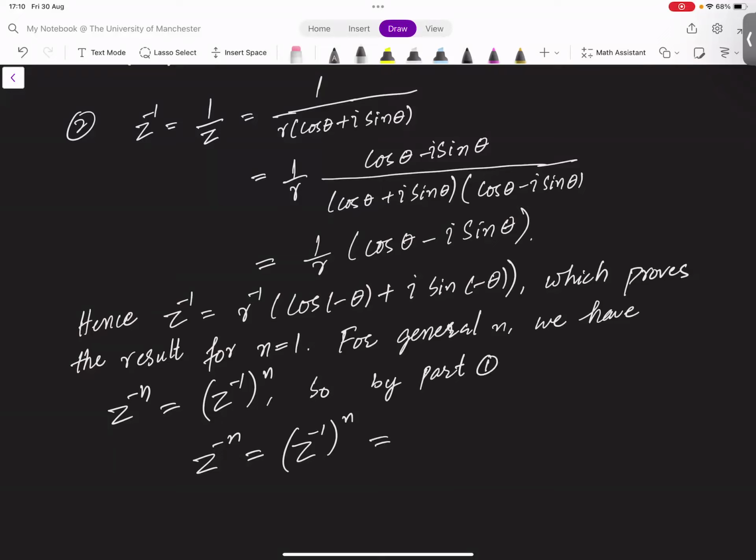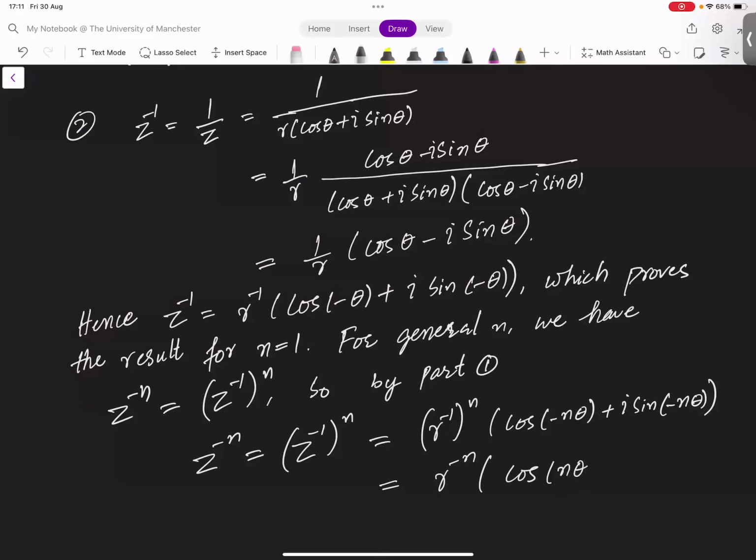We can write this as R power minus 1 power n cos minus n theta plus iota sine minus n theta. And if I write this, I will write it as R power minus n cos n theta minus iota sine n theta. This is the proof.